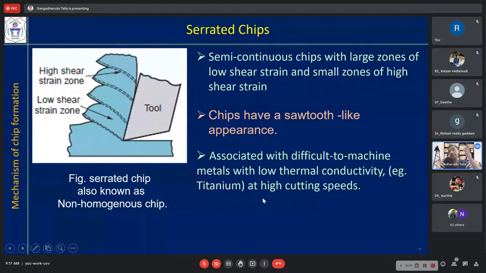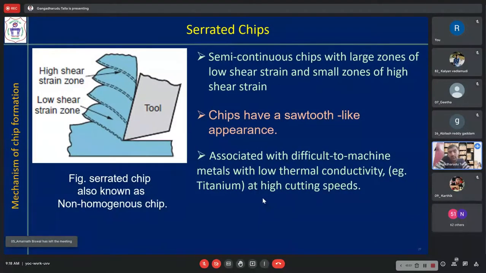And also high cutting speeds. Why high cutting speeds? At high cutting speeds, you are not giving time for the heat to dissipate. So heat is not going into the workpiece and it is not softening the workpiece material, because the chip is removed at high speed.